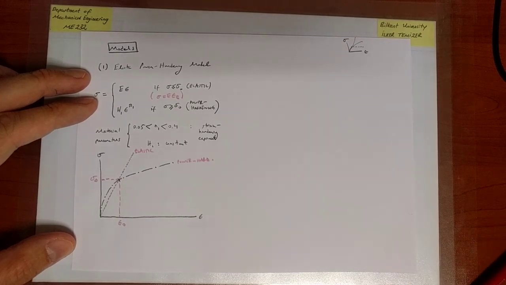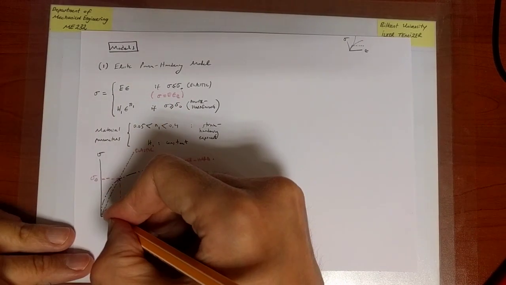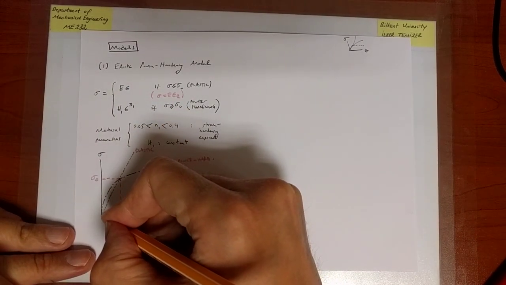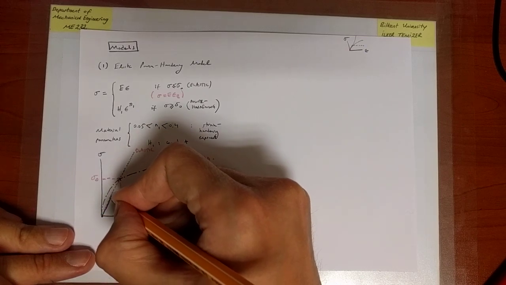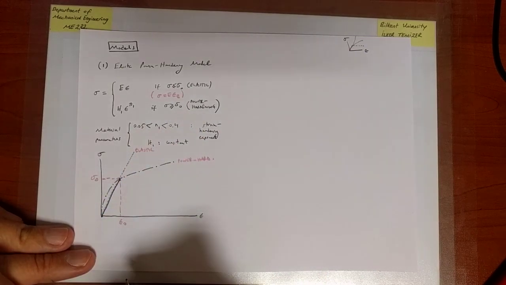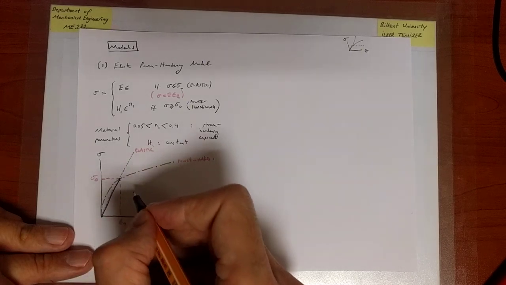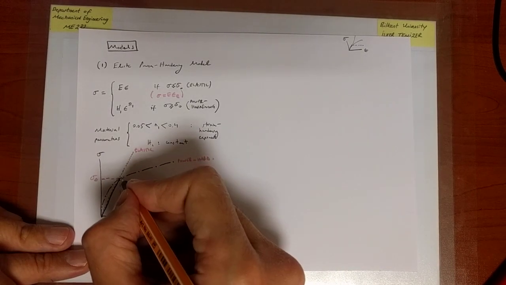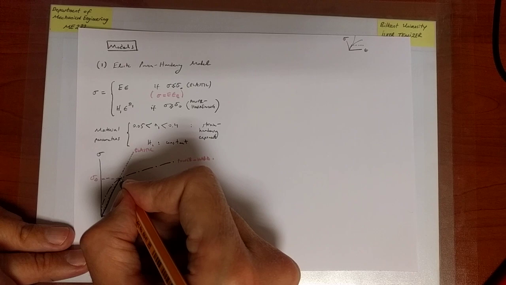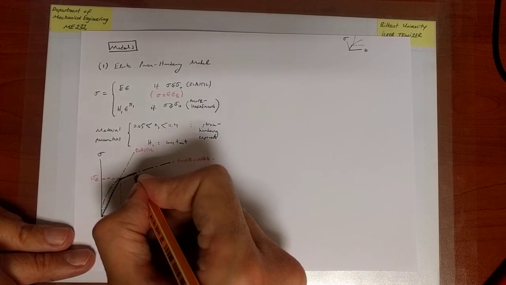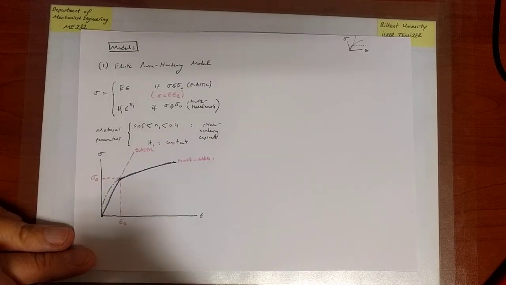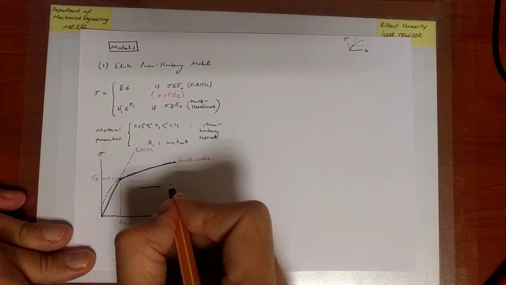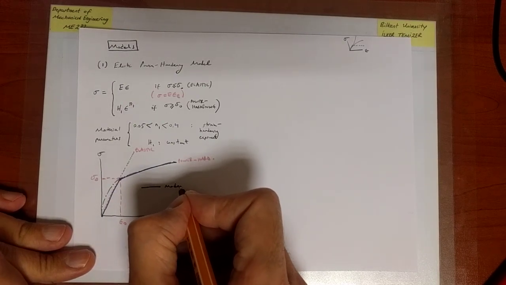So the real prediction of our model is that if the stress is less than the yield strength, we take the elastic portion of the curve. And if the strain is such that the stresses are higher than the yield strength, then we take the power hardening portion. So the blue curve is our model.